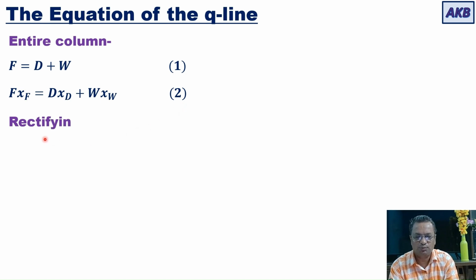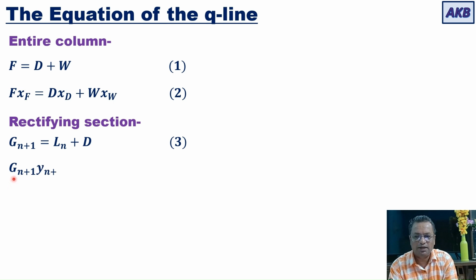Equation number 2. Then for the rectifying section, you have the total material balance as Gn+1 is equal to Ln plus D. Equation number 3. Then the material balance for the more volatile component: Gn+1 into Yn+1 is equal to Ln Xn plus D XD. Equation 4.